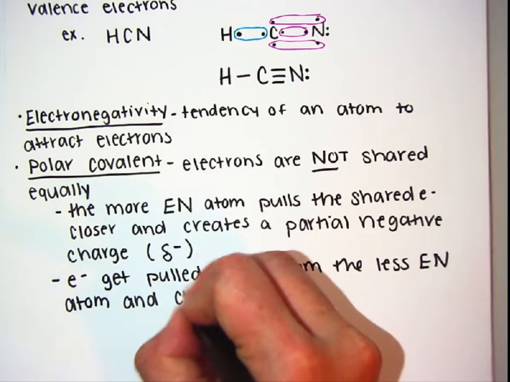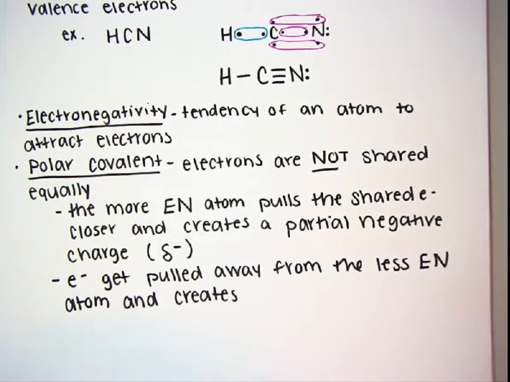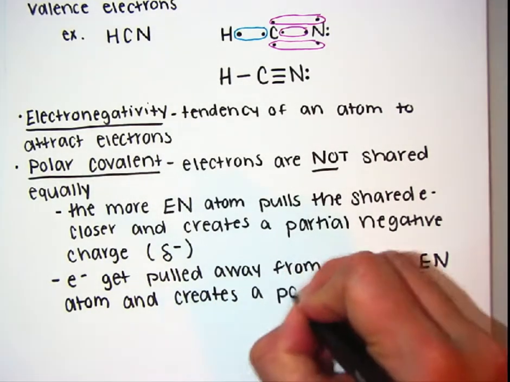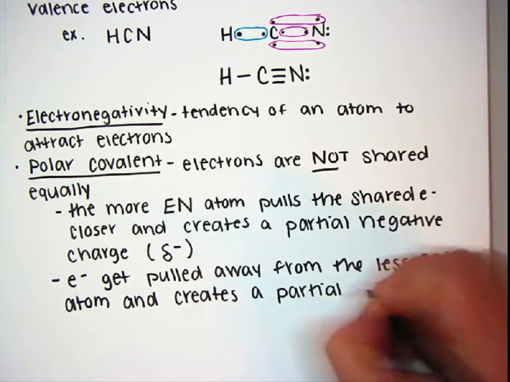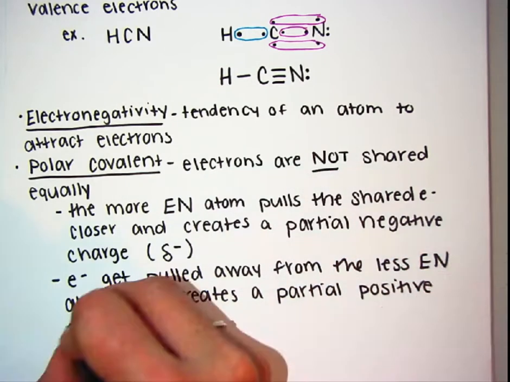Since electrons are negative, if those negative charges are getting pulled away, it's going to become more positive. It creates a partial positive charge.